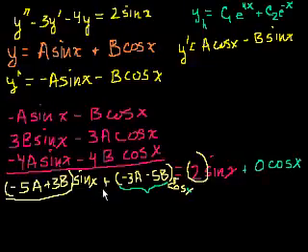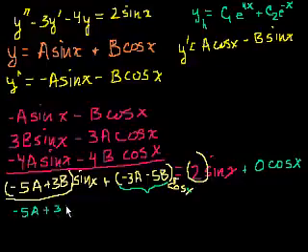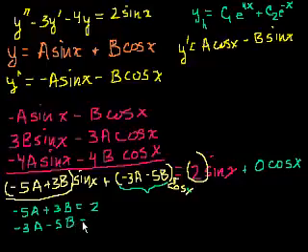So that sets up a system of two unknowns with two equations, a linear system. So we get minus 5a plus 3b is equal to 2. And we get minus 3a minus 5b is equal to 0.